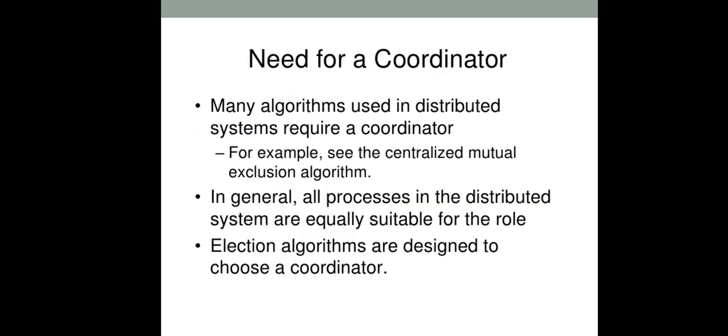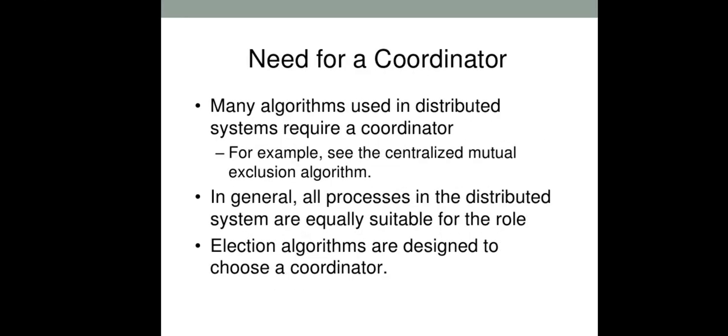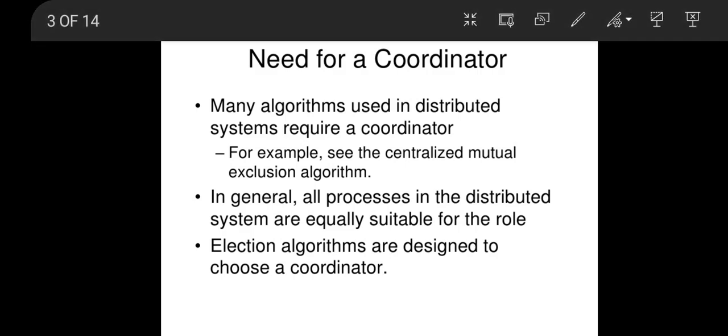Now here, why we need a coordinator in the distributed system, as I have already discussed. We need a coordinator basically to make some decisions, to do some task for achieving some goal. For example, centralized mutual exclusion algorithm. Let us say in the previous chapter we had discussed mutual exclusion algorithms wherein there was no coordinator.